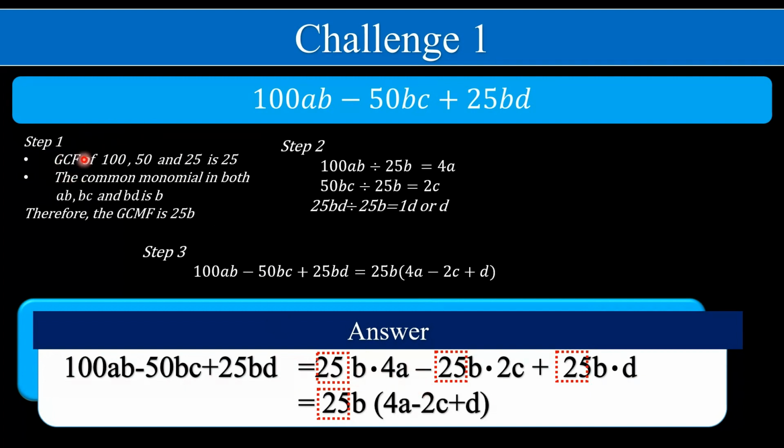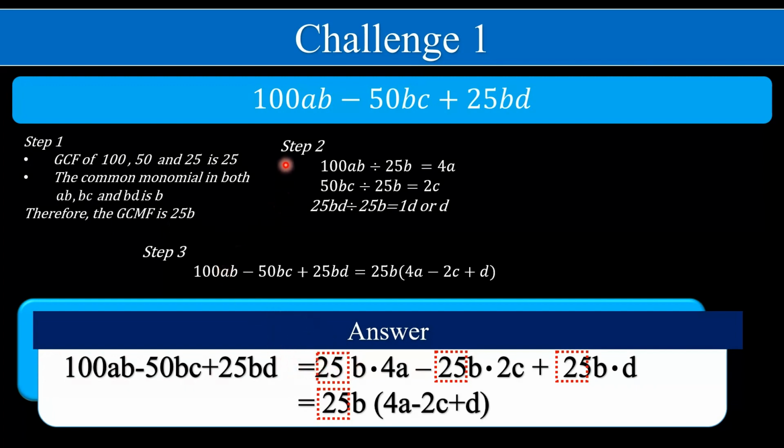The GCMF or GCF for this idea is 25. This is the number that can be divided among the given terms. In terms of variables, the very common variable in the first term, second term, and third term is the letter b. That's why the greatest common monomial factor is 25b. And in our answer, the answer is 25.